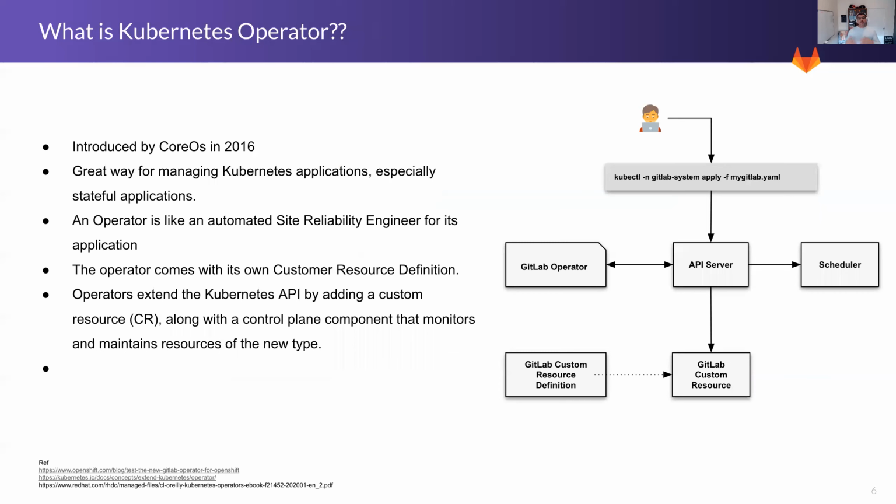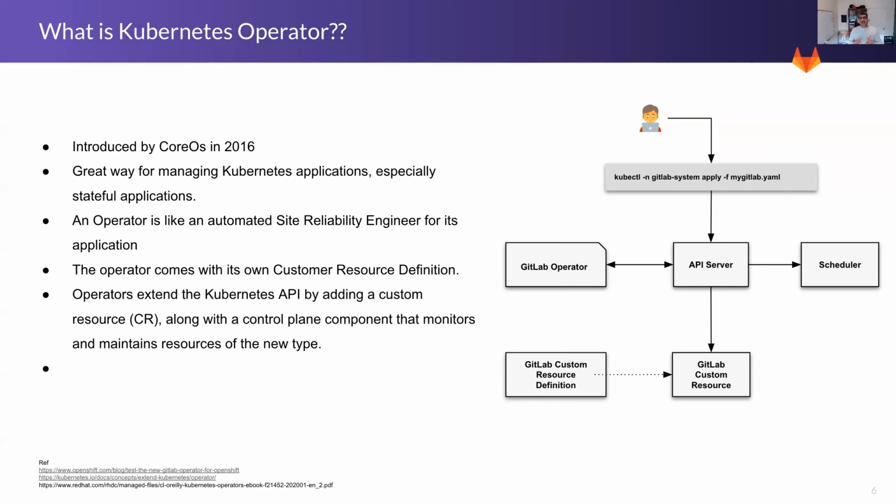Basically, I am defining a new kind inside the Kubernetes cluster, but these are my own, custom defined objects. That's why it's called custom resource definitions. So the operator basically does two things.